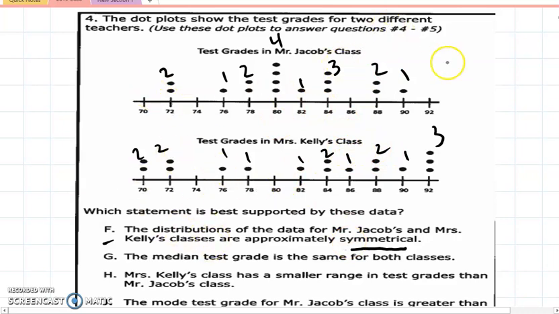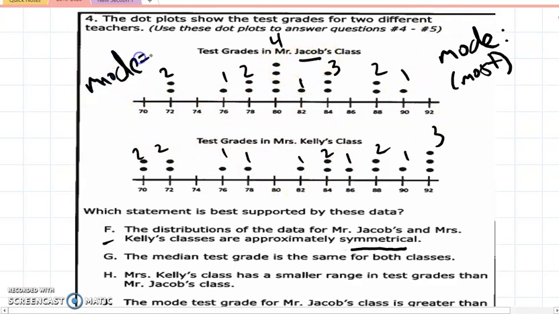Another thing they can ask you for is the mode. The mode is, of course, the most. So which one repeats the most? I look at Jacob's. His mode is equal to, okay, there's 2, 1, 2, 4. 4 is the biggest, so his mode is 80.